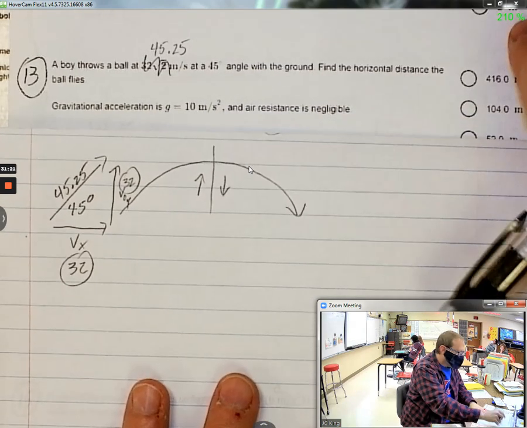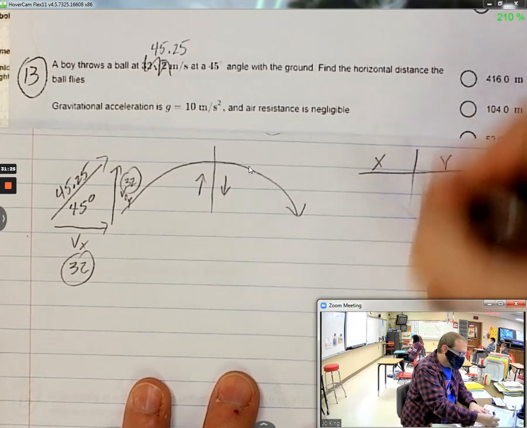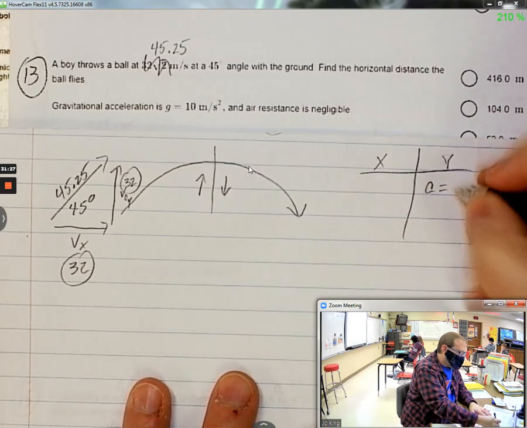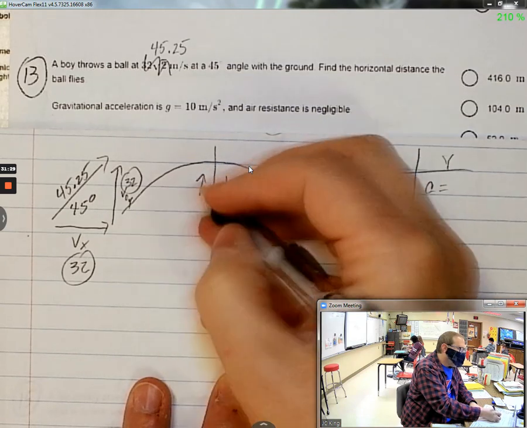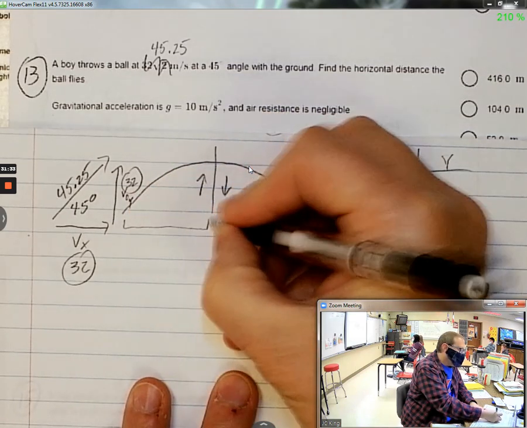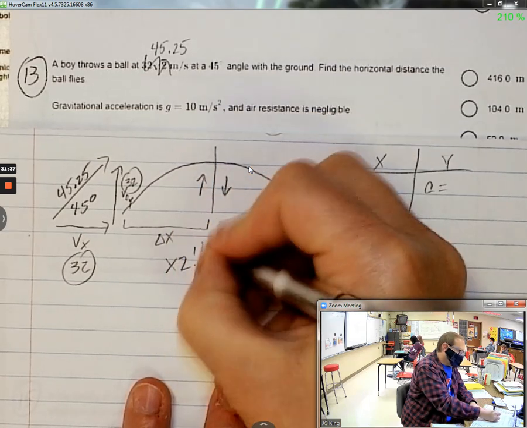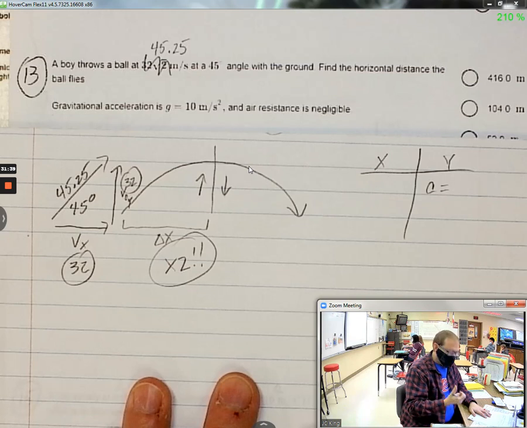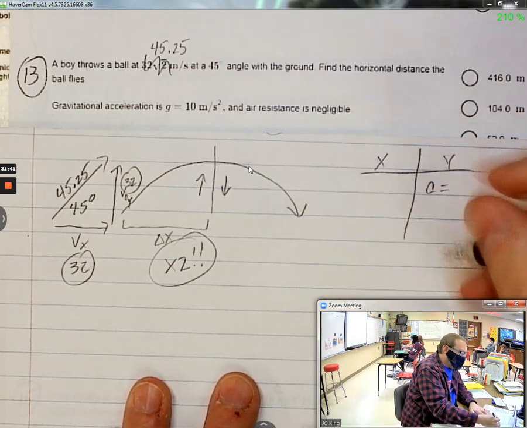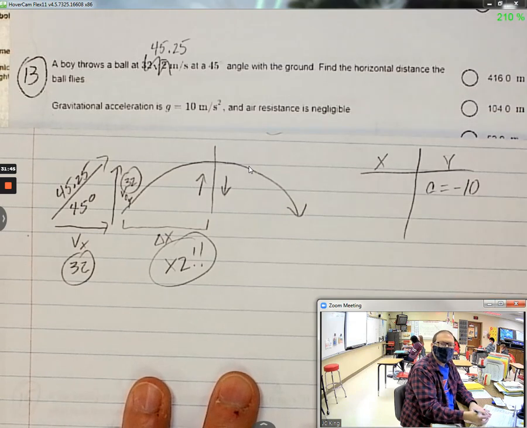Let's construct an XY table here. Now what we know. We know a is going to equal, for the first, let's just do half at a time because we can always double our distance. We'll find our delta x and then we'll remember to go times 2. So just looking at the upward half, we know our acceleration is negative 10 or negative 9.8.